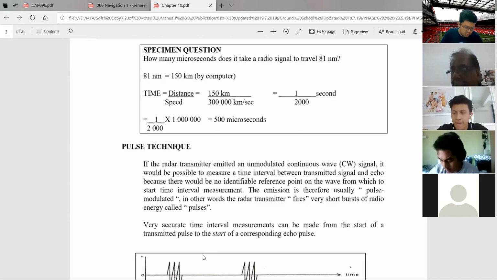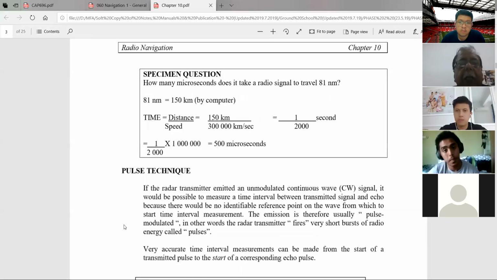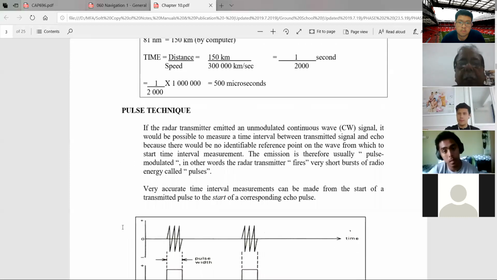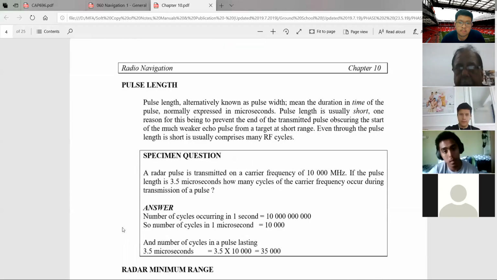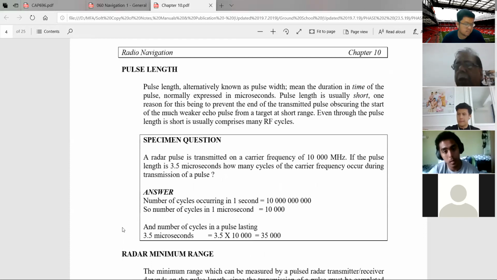This is the basic. Now, that means time of 1 second. I'm not interested in the aircraft which is 8,100 nautical miles from me. I'm interested in the aircraft which are close by. As such, this particular time of 1 second is too large a unit as far as the radar principles are concerned. We do not use the time seconds.